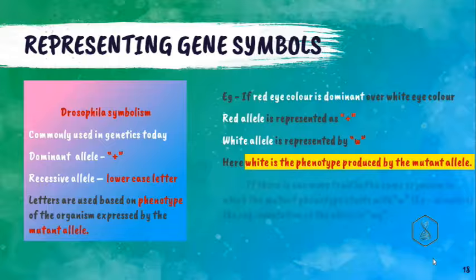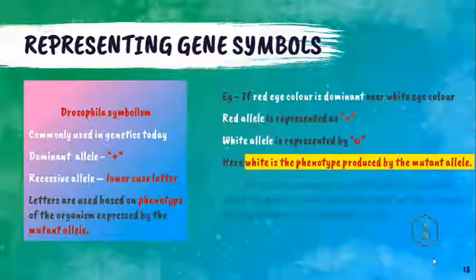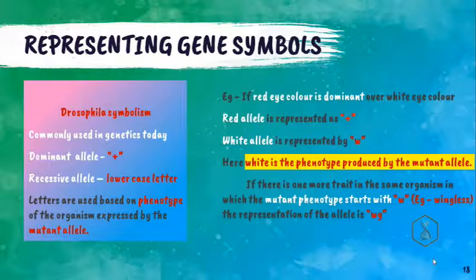Here, white is the phenotype produced by the mutant allele. Here, the letter w is determined by the mutant phenotype. In this example, white eye color is considered to be the mutant phenotype. Therefore, the letter chosen for representing the trait is w.